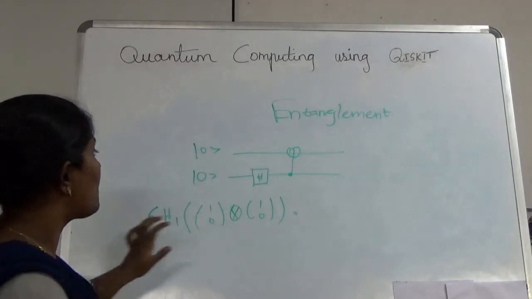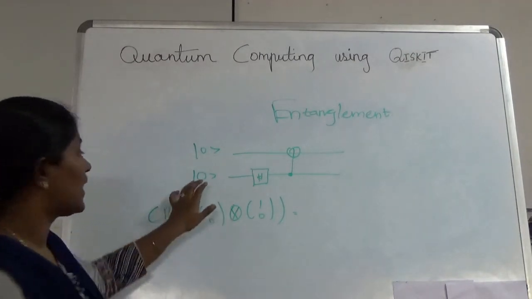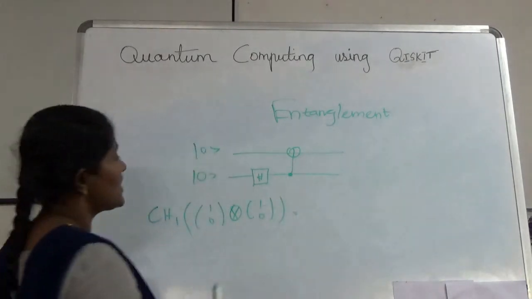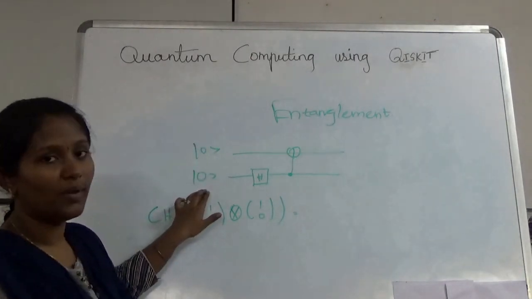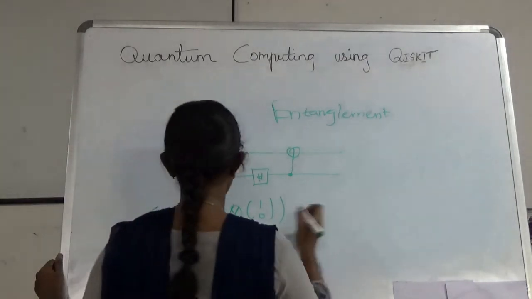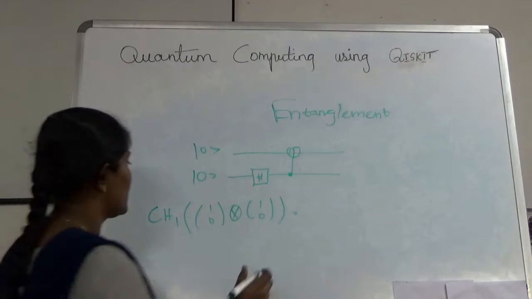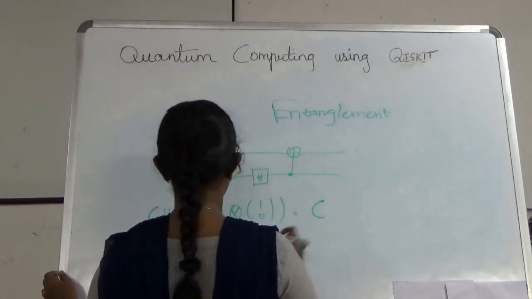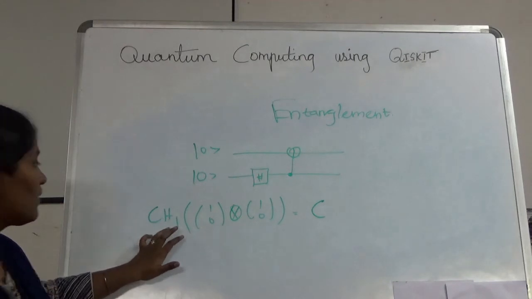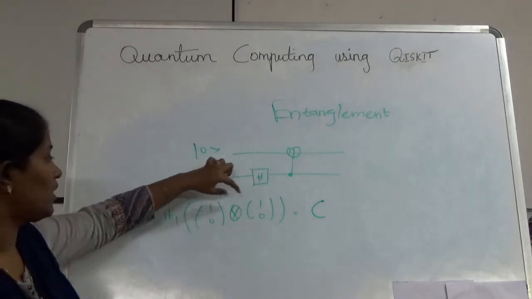For example, if we apply the Hadamard gate to this qubit and subject it to the CNOT gate, this qubit will be entangled. The mathematical derivation of that is: here H1 represents that we want to apply a Hadamard gate only for the first qubit, not this.